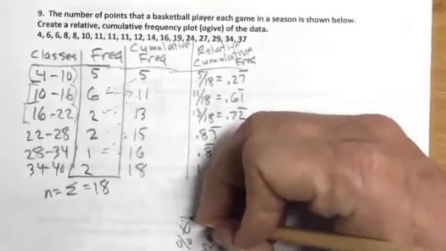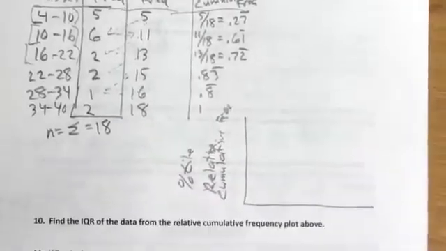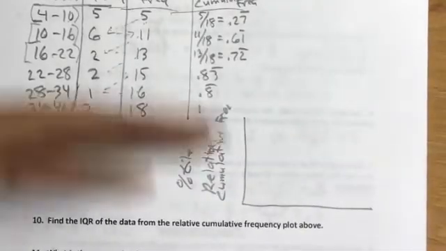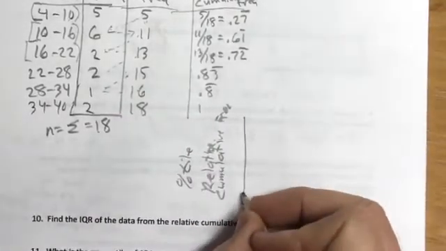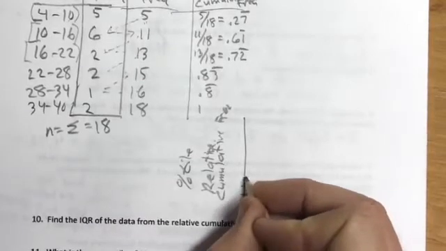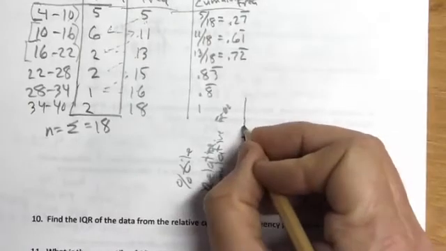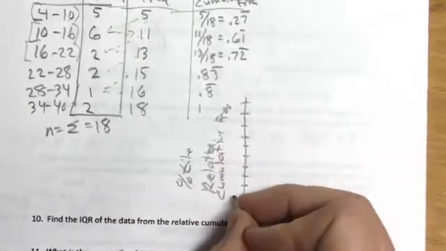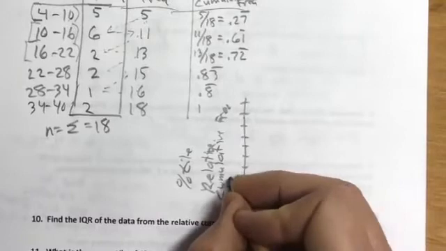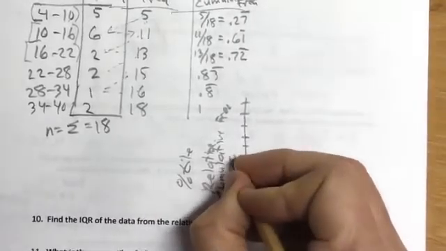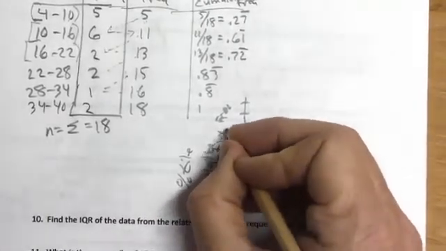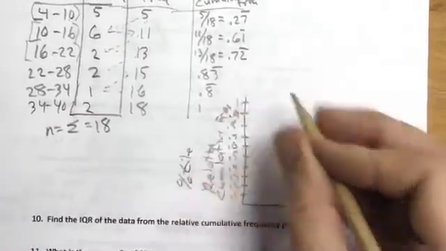It is a percentile graph, and it is used to estimate percentile. So it's always going to go up to 100%. And I'll just put it in proportion. So 1, 2, 3, 4, 5, 6, 7, 8, 9, 10. So this would be 0.1, 0.2, 0.3, 0.4, 0.5, 0.6, 0.7, 0.8, 0.9, and 1.